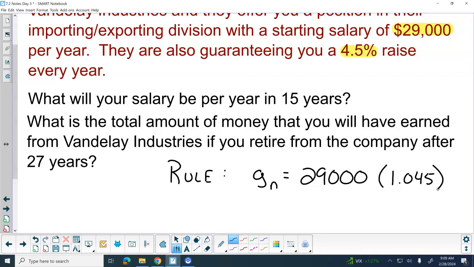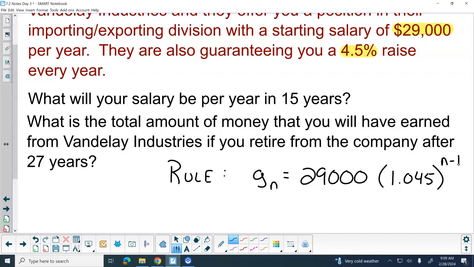We all in agreement with the 1.045? Because it's going up. And then raised to the n minus 1 power. Alright, so that's our rule. Do we all agree with our rule?